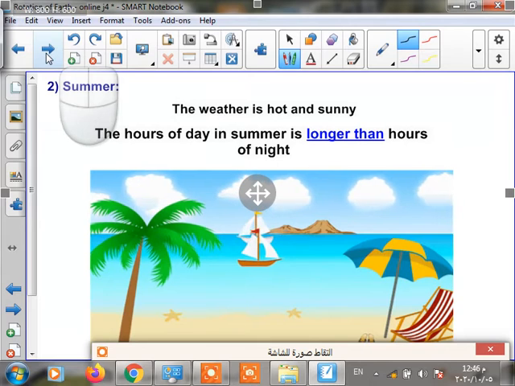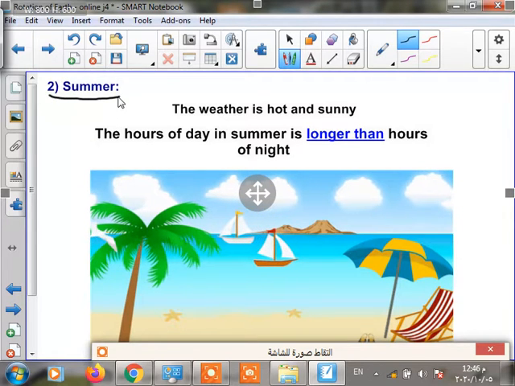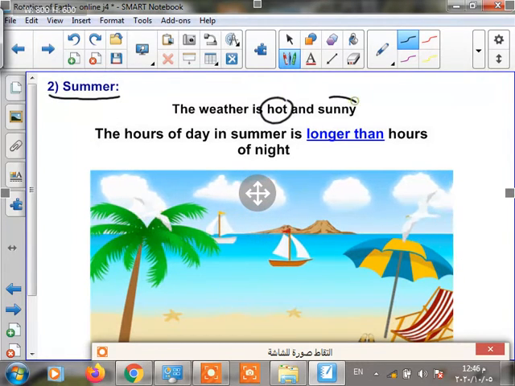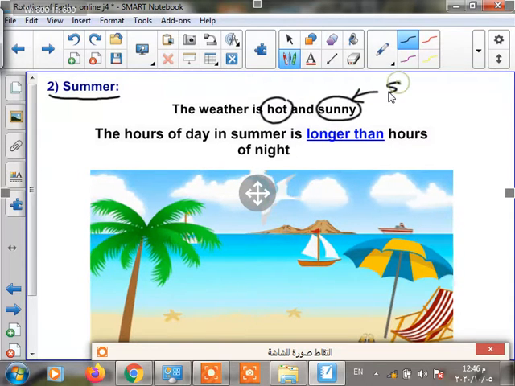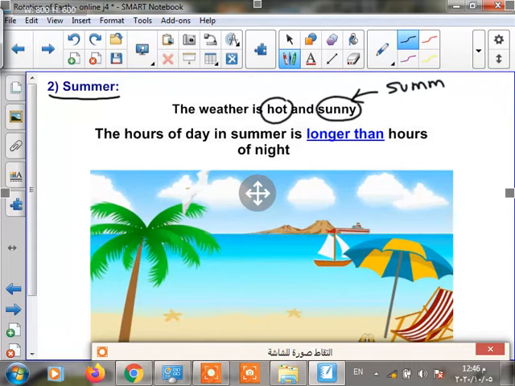Alright. Then, in summer, the weather is what? Yes, hot and sunny. So we wear summer clothes. Excellent.